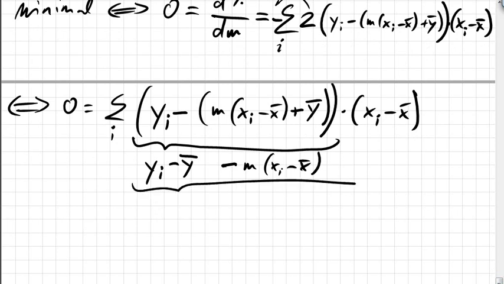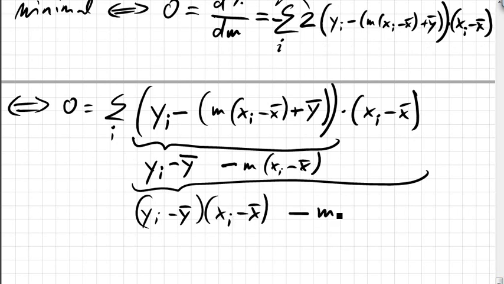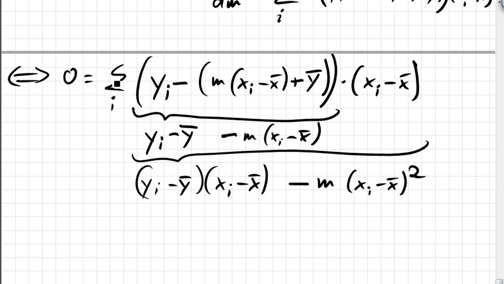So this expression is yi minus average of y times xi minus average of x, minus m times xi minus average of x times xi minus average of x. This needs to be 0 if I form the sum.